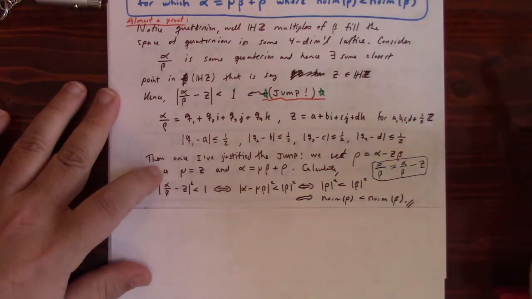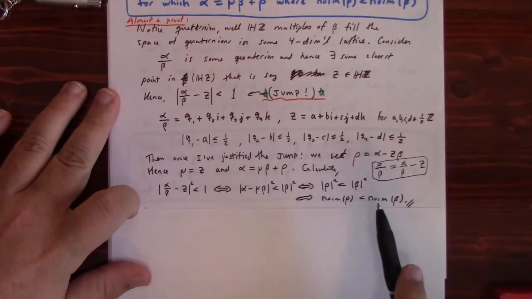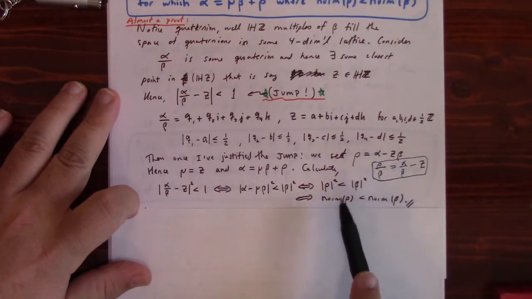So alpha over beta minus z is equal to rho over beta, right?